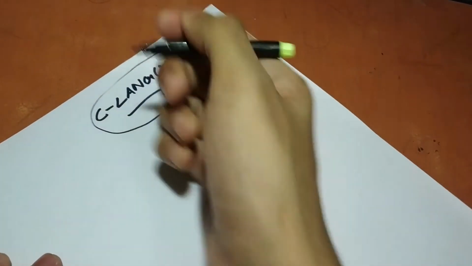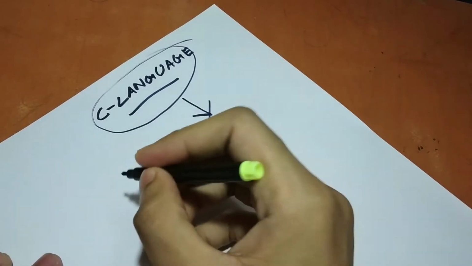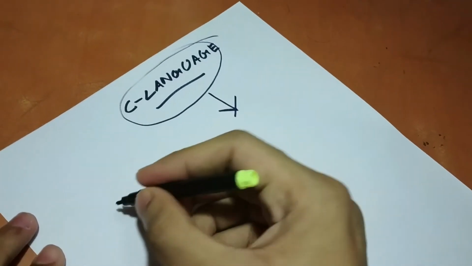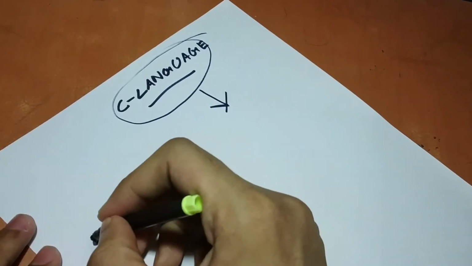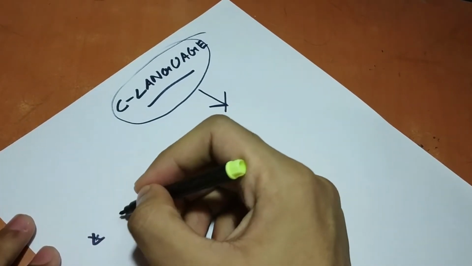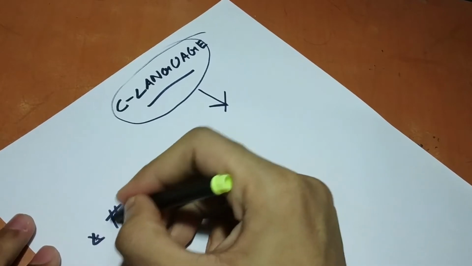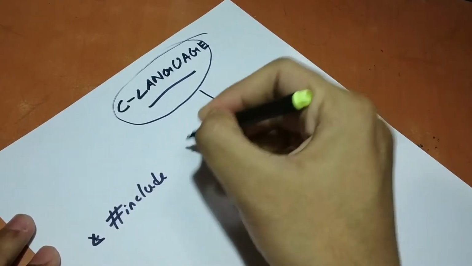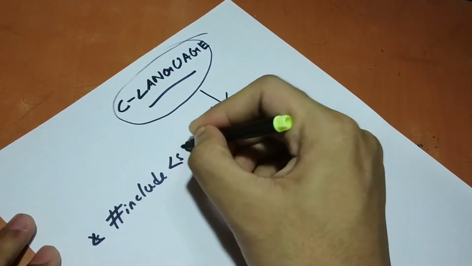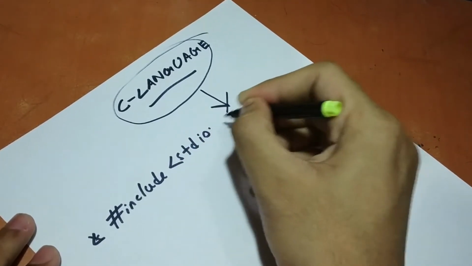Every C program starts with this thing: hash include stdio.h.